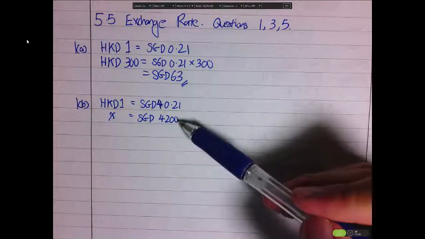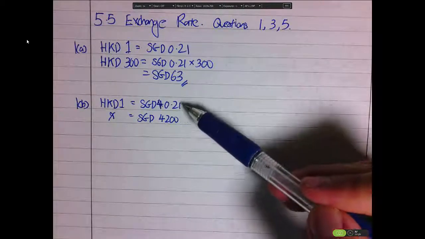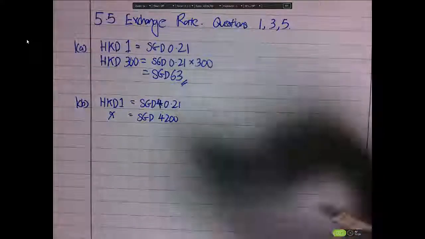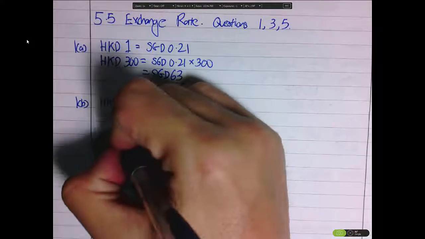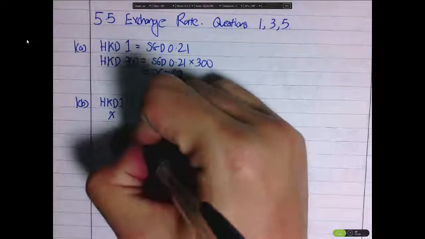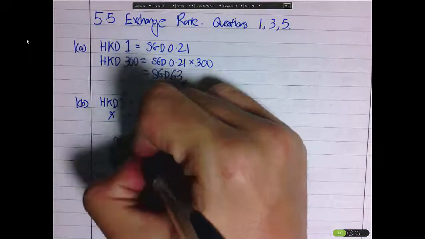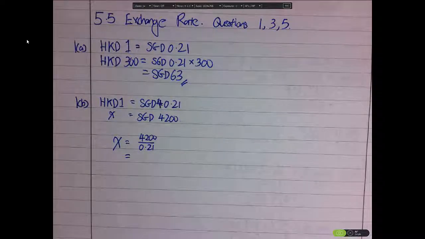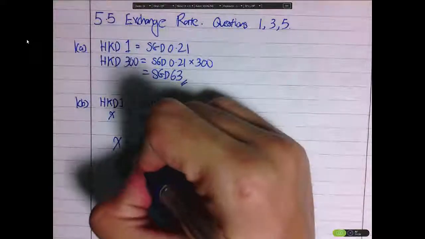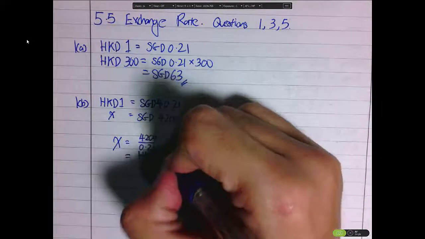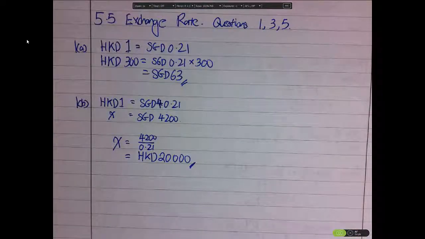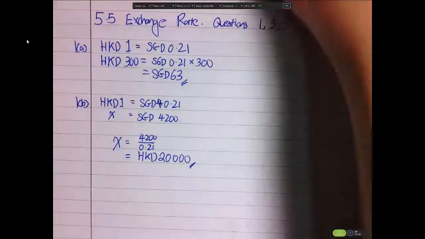If I want to work backwards, I just take 4,200 divided by 0.21, X over 1. So working backwards, my Hong Kong dollars is 4,200 divided by 0.21, and you get 20,000 Hong Kong dollars. And that's it for question 1.